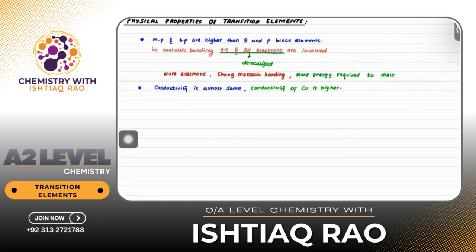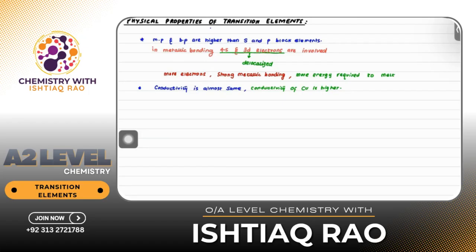Of course, in a physical manner, we have discussed all, like if you remember in AS, we used to discuss group 2 elements, group 7 elements, and period 3 elements. In all inorganic chemistry, we discussed atomic radius: it increases down the group, it decreases across the period.